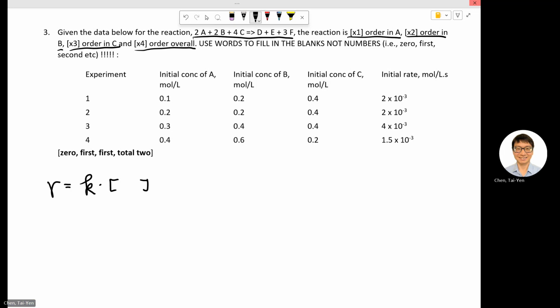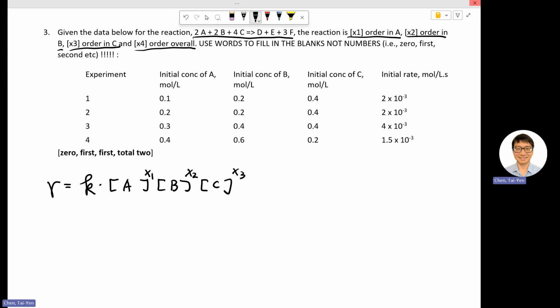What are the reactants for this reaction? A, B, C. So it must be A times B times C, each raised to a certain power. And from the description, it is x1 order in A, x2 order in B, x3 order in C. You can naturally write these out from the description.